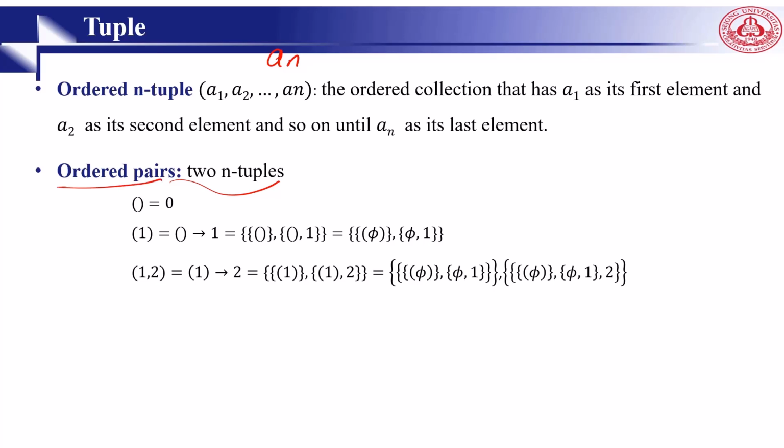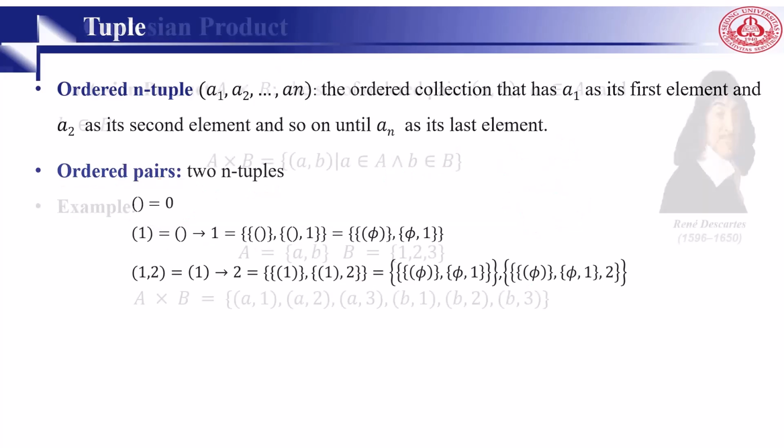For example, the ordered pairs (a, b) and (c, d) are equal if and only if a equals c and b equals d. So you can see here examples of ordered tuples: the empty one, then one element, two elements, and so on. These are the ordered tuples.